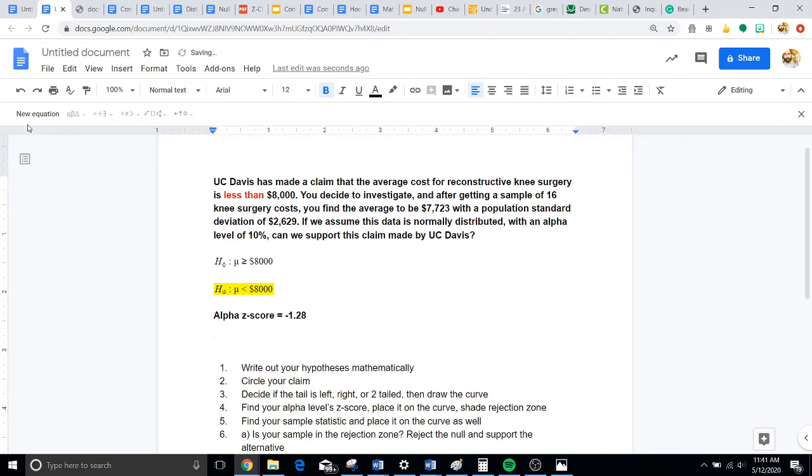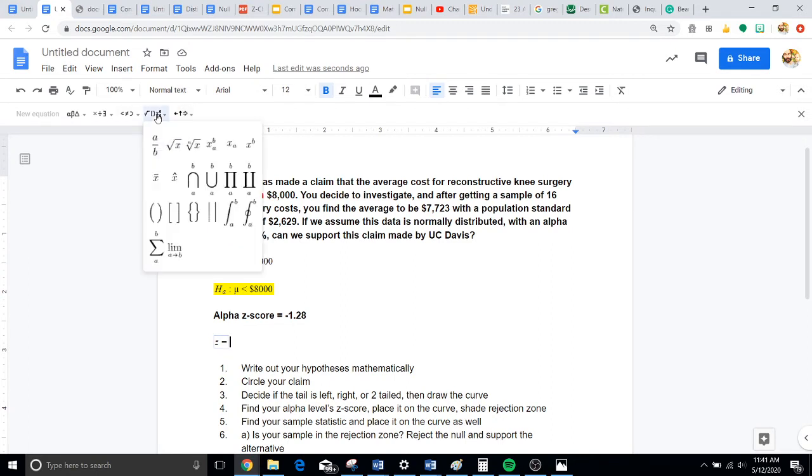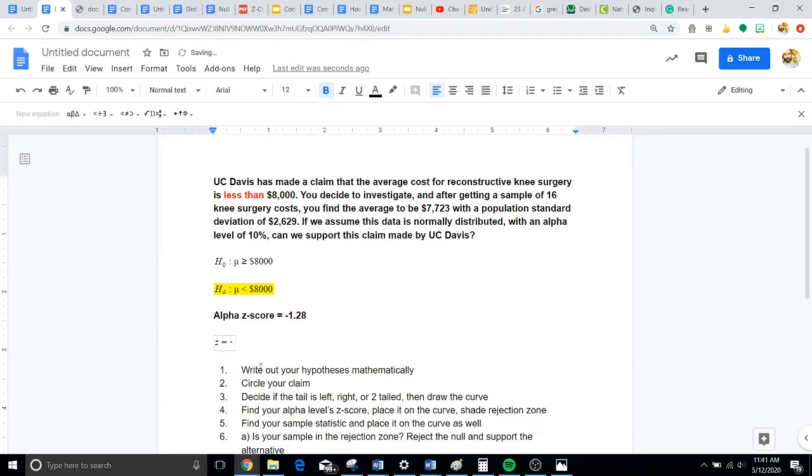All right, remember, our equation is going to be z equals x bar minus mu all over standard error.